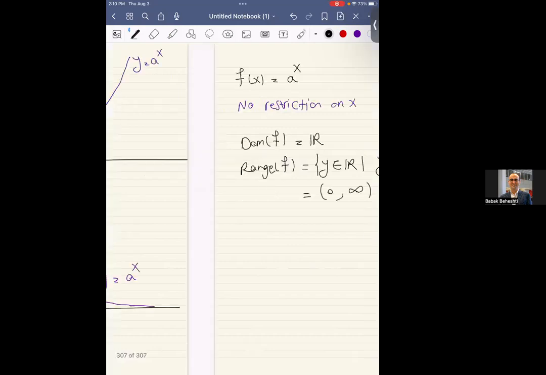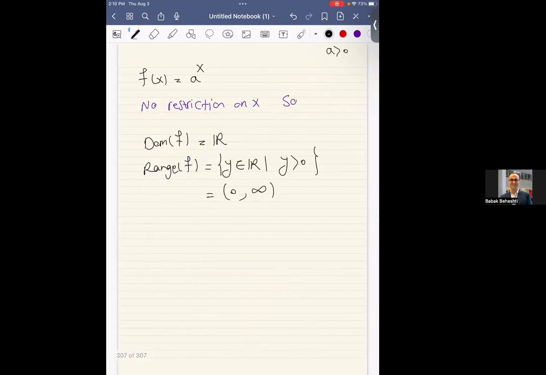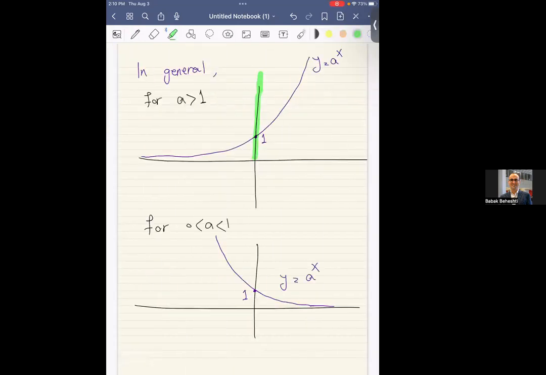Another thing about a to the power x is y equal to 0. You see, y equal to 0 is the horizontal asymptote. So y equal to 0 is the horizontal asymptote.